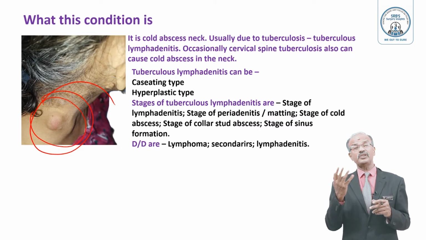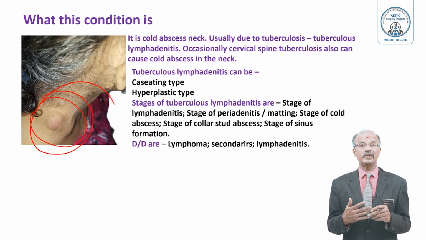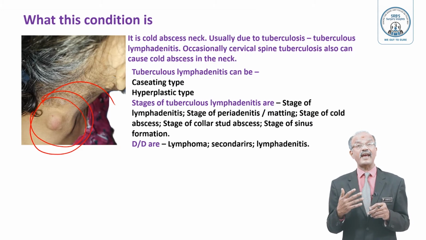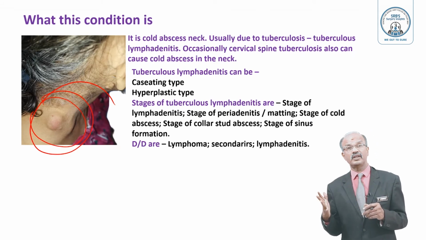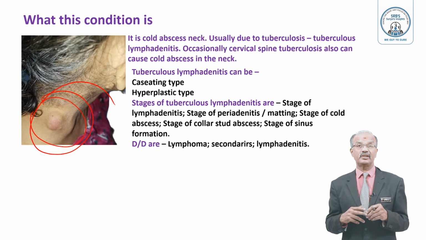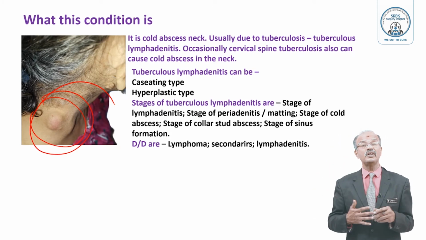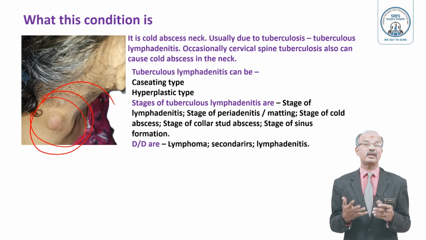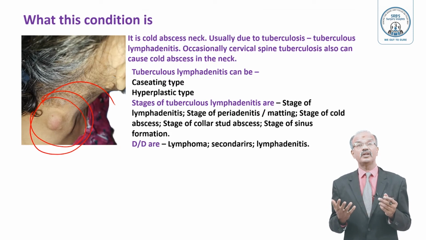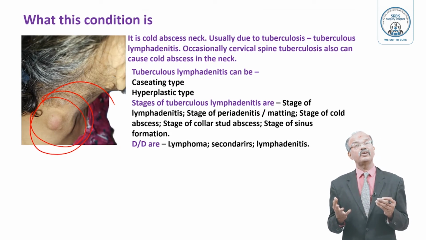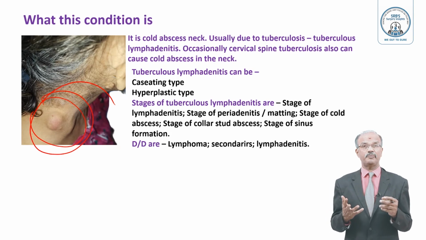And cells you can see: epithelioid cells are very typical, epithelioid and Langhans giant cells, they are very diagnostic. They are modified histiocytes that become flat epithelioid cells, and giant Langhans cells. These are the 2 cells which are very specific and important when you diagnose tuberculosis and tuberculous lymphadenitis as such.